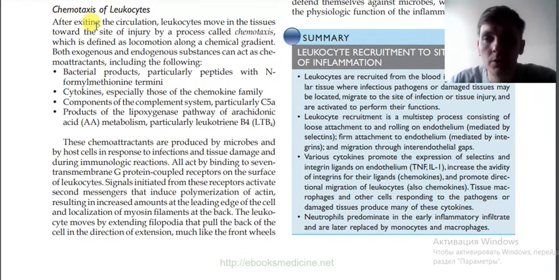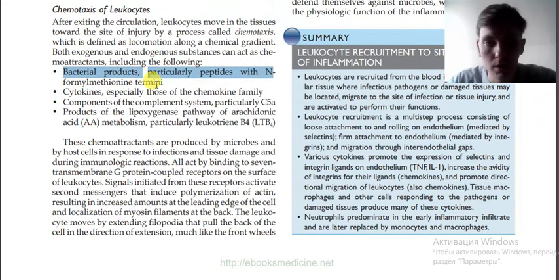In the previous lecture, we discussed that leukocytes chemotactically follow the inflammation. So which chemoattractants for leukocytes do we have? We have bacterial products, for example peptides with N-formylmethionine termini.